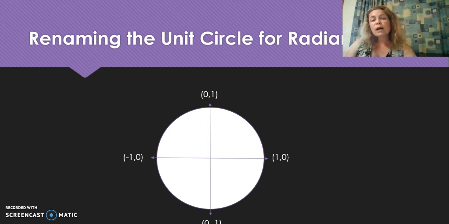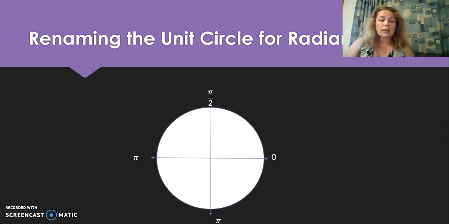So as we move up through our first quadrant, up to our 90-degree mark, we can then rename. So instead of 0, 1, well, it's still the point 0, 1, but instead of 90 degrees, we say that it is pi on 2. And then as we move through, we can say it is pi and so on. And so here we go.